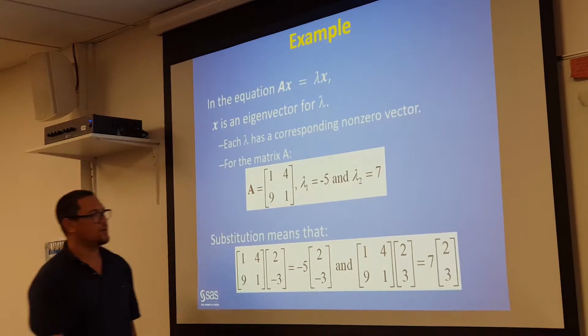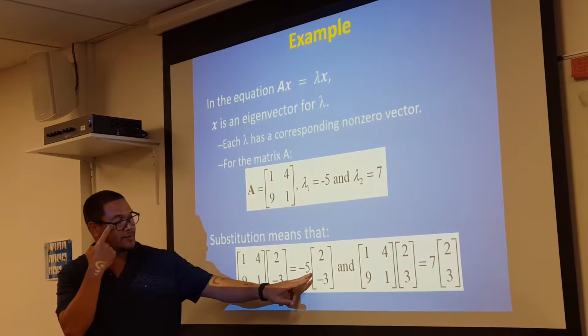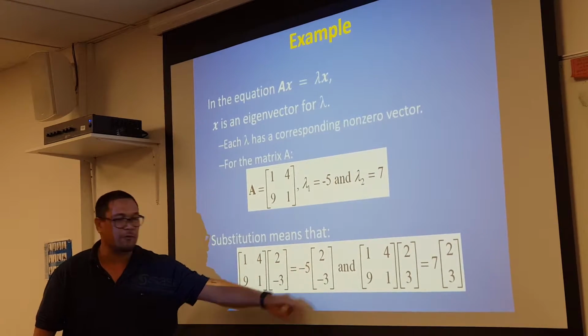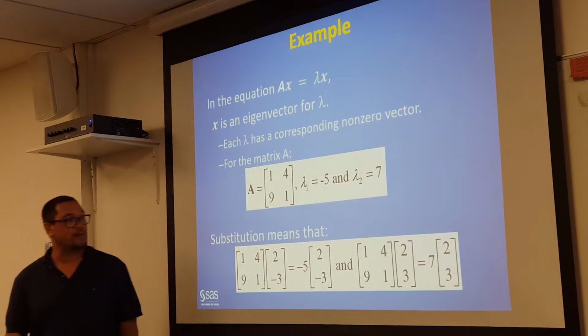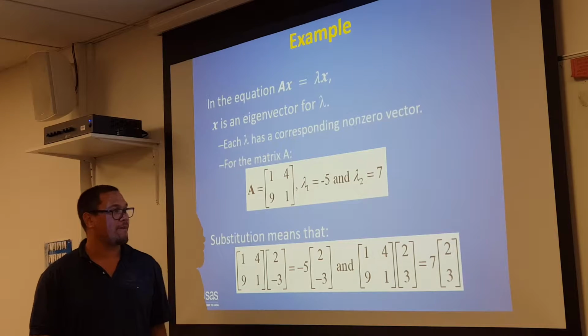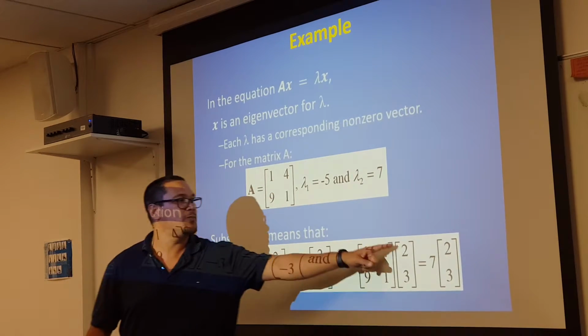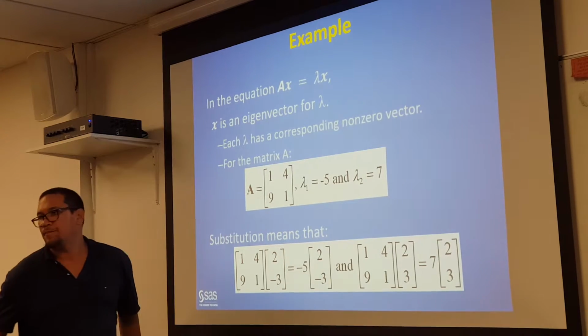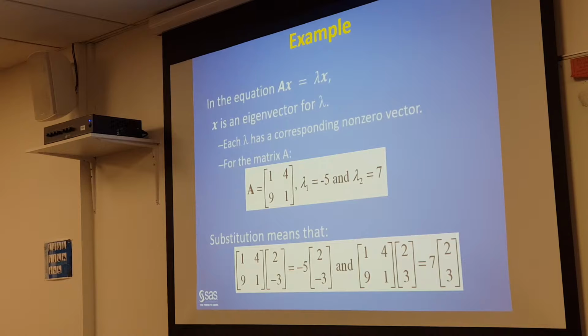I haven't actually done the math here, but it turns out that the vector (2, negative 3), or vectors in that direction, is going to be the solution. And likewise, if that was a 7, then it would be (2, positive 3). Okay, that's just your substitution.